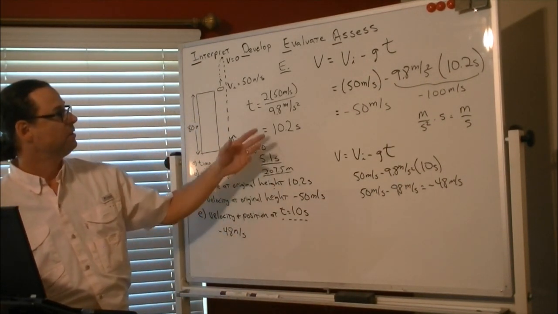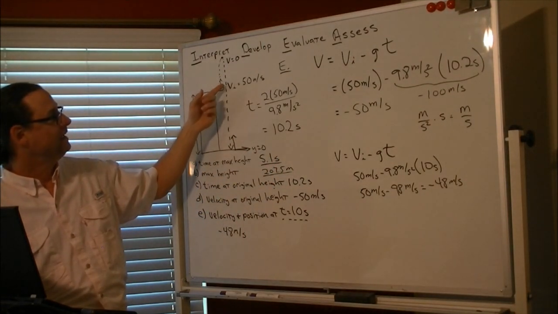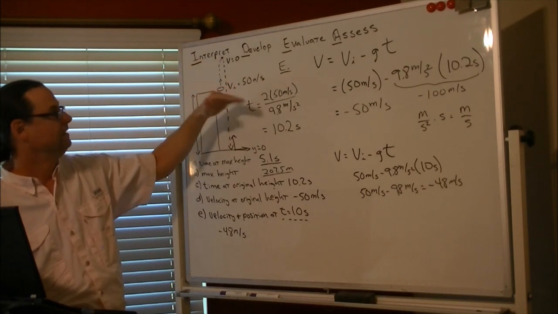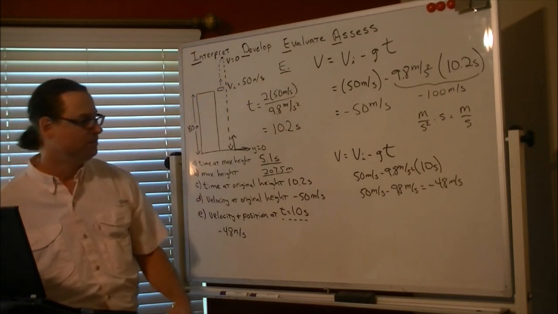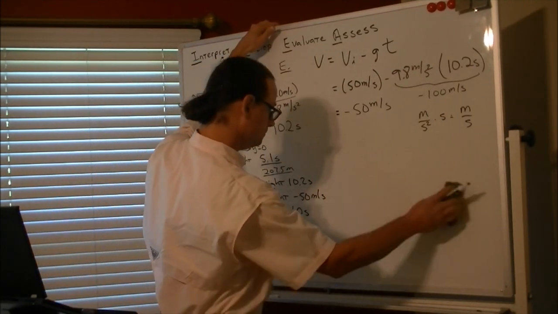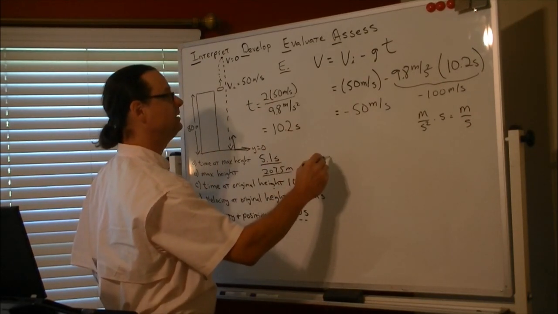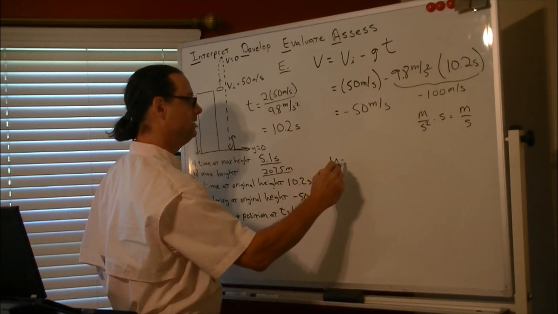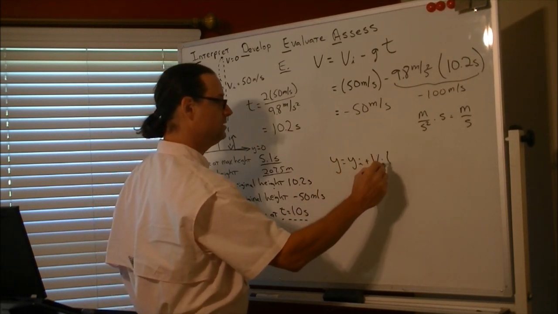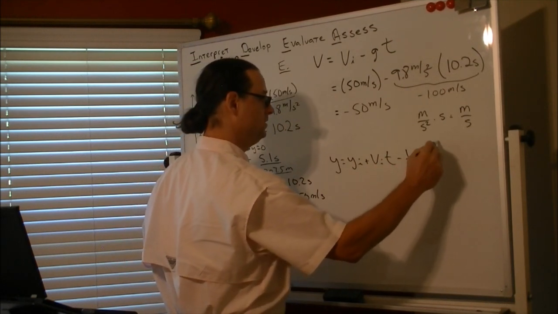And also when we think about what height it's going to be at, it's going to be not quite back down to 80 meters. So the height we're expecting to be just a little bit above 80 meters when we substitute that in. I'll write down the equation, but I'll leave the evaluation for the diligent student. So y is going to be y initial plus v initial times the time minus 1/2 gt squared.